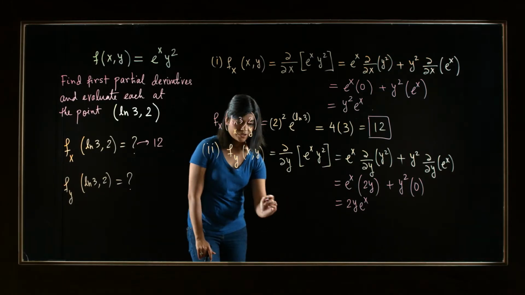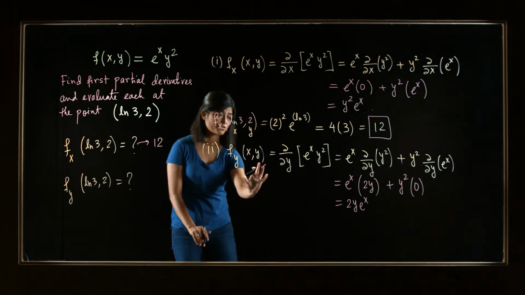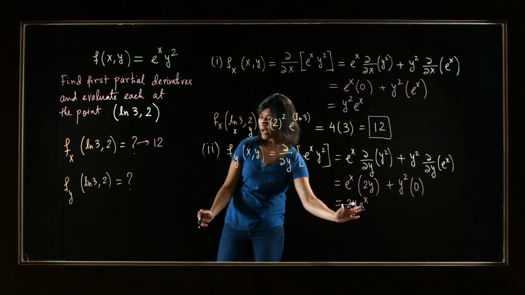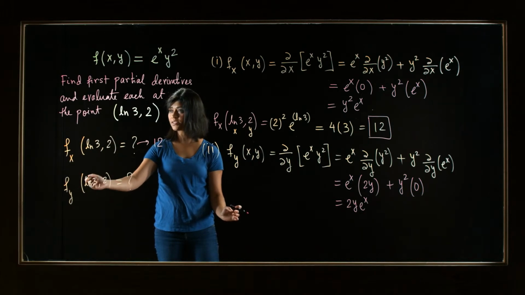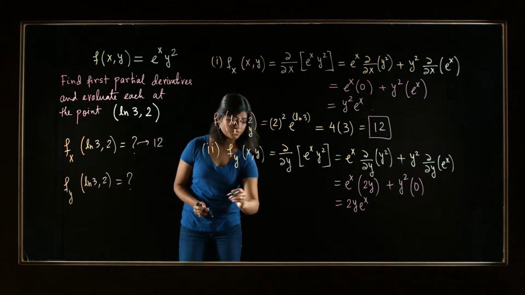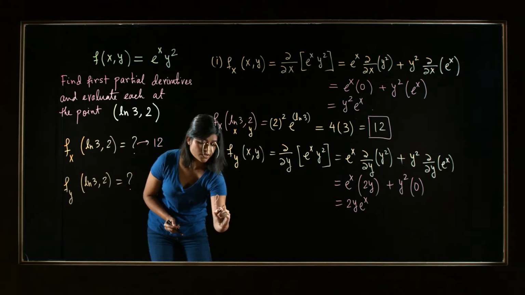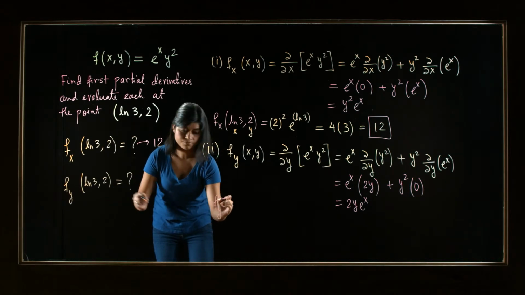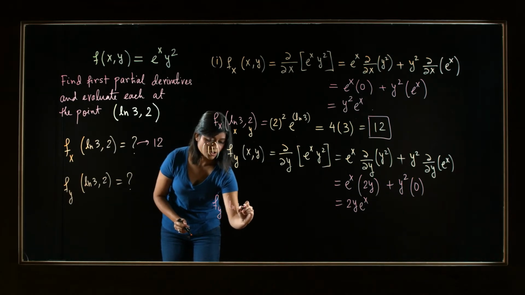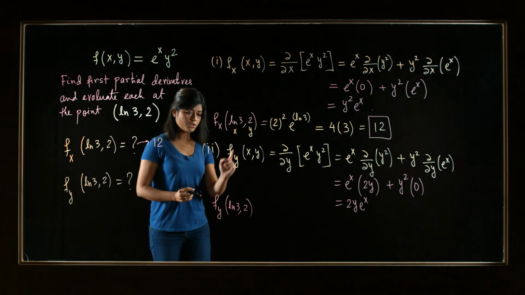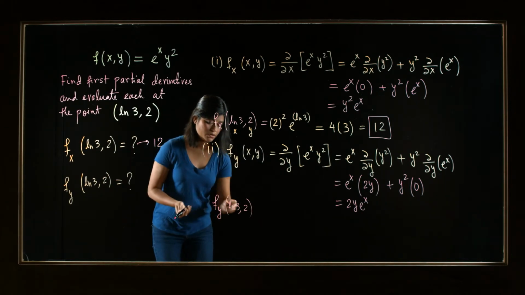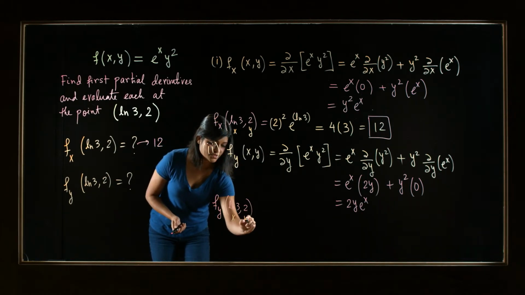Now we have the partial derivative of the function with respect to y. Now let's evaluate at this point. So what is fy of ln 3 comma 2? Notice as before, this is x and this is y.